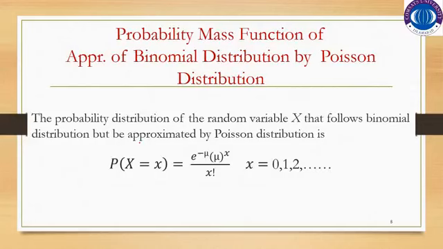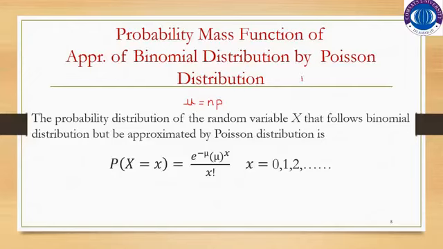So this is the probability mass function of the Poisson distribution approximated from the binomial distribution, and the conditions are that n is very large and p is very small. This mu is the mean of the binomial distribution, which is n into p.